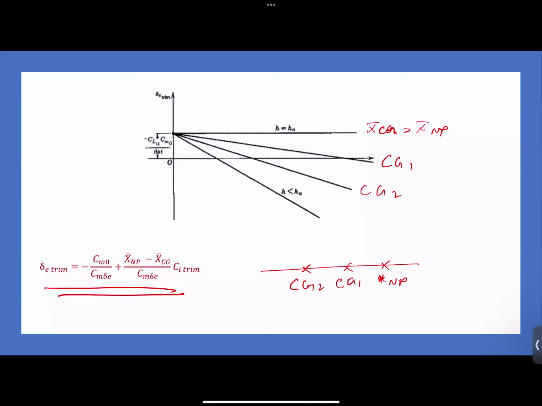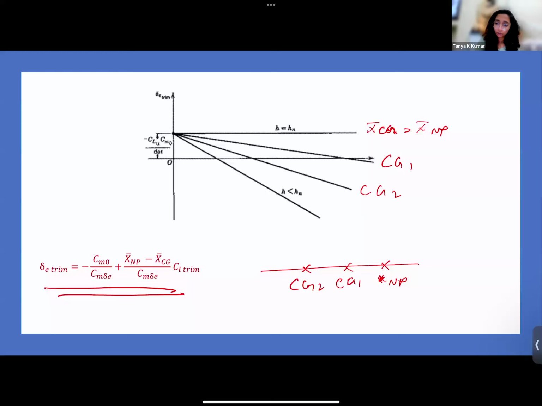More stable, correct. So if it's more stable, I only have to deflect the elevator a little bit to trim the aircraft. It already has a tendency to go to the equilibrium point, already has a tendency to trim. So I just have to deflect the elevator a little bit for it to reach trim. So when the CG moves away from neutral point, the aircraft becomes more stable, and hence I just have to deflect the elevator a little bit to make it go to trim.